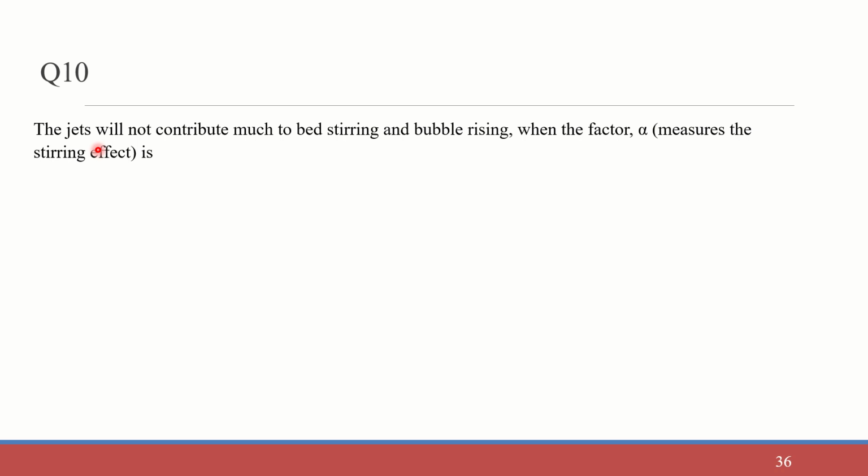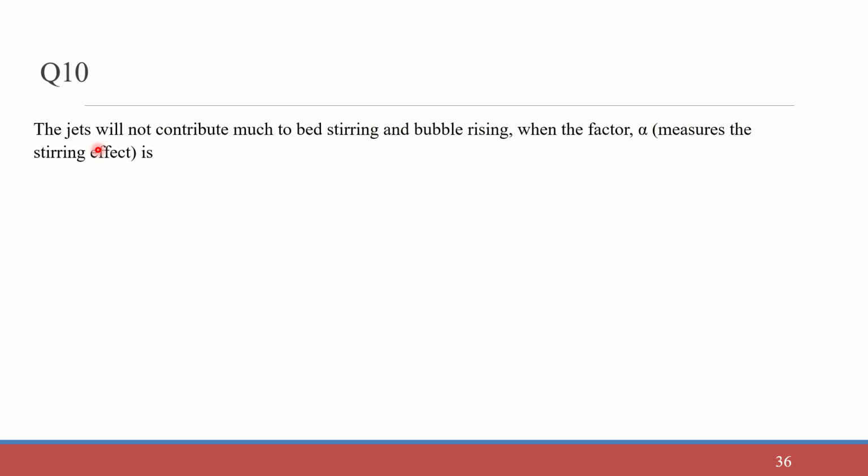So if bed stirring is there, kinetic energy is more and alpha should also be more. But if alpha is less, as in this particular question, jet is not contributing much to the bed stirring. So bed stirring is less because jet is not contributing much.